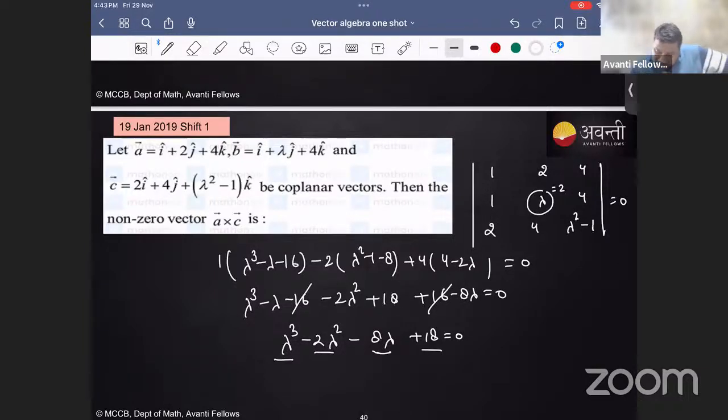So I'll check it again. 1 times lambda cube minus lambda minus 16 minus 2 times lambda square minus 1 minus 8, plus 4 times 4 minus 2 lambda. So it becomes lambda cube minus lambda, and so it will be minus 9 lambda. That's what I'm thinking. Minus of 9 lambda.